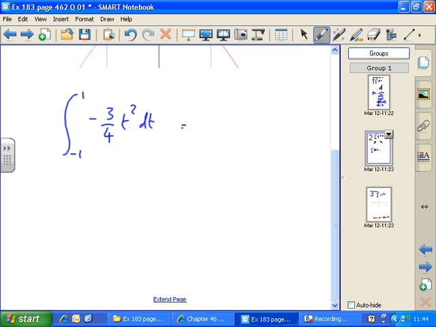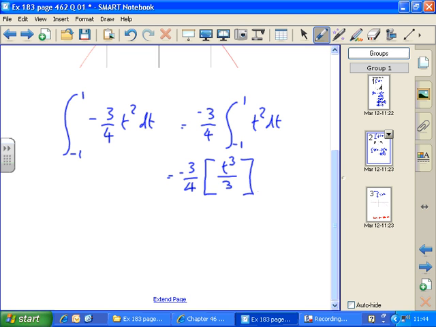I can, to make the life easier for myself, take the minus 3/4 outside the integral. Now I'm going to do the integral, add 1 to the power, divide by the new power. So this becomes t cubed over 3 between the limits minus 1 and 1.